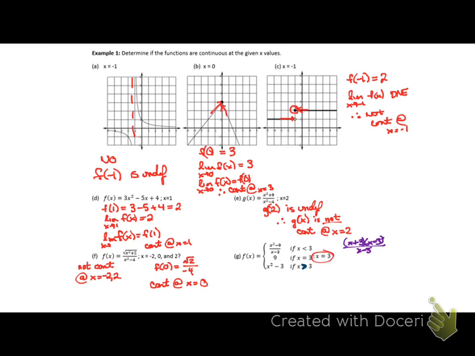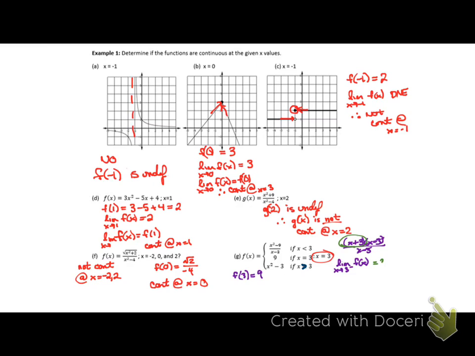Now, it says that when x equals 3, the answer is 9, which means f of 3 is 9. It is defined. Okay, that's good. Now let's find the limit. Now, because it's a piecewise function and it's surrounding 3, that's where it switches from one to another, we're going to have to find the left-hand limit and the right-hand limit. So the left-hand limit, the limit as x approaches 3 from the left of f of x, is this x plus 3 equation right here.